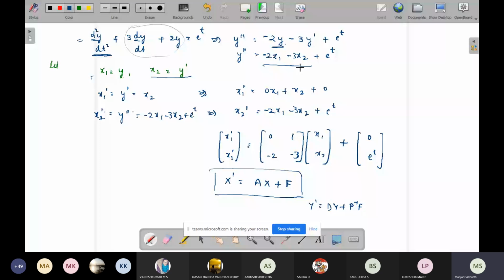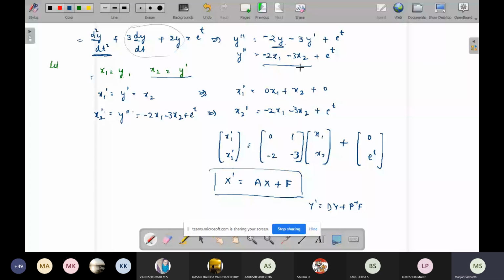So next, we have the application part of this, and I think time is over. So in the next class, we'll discuss the application of differential equations for the damped and undamped motion of a spring.